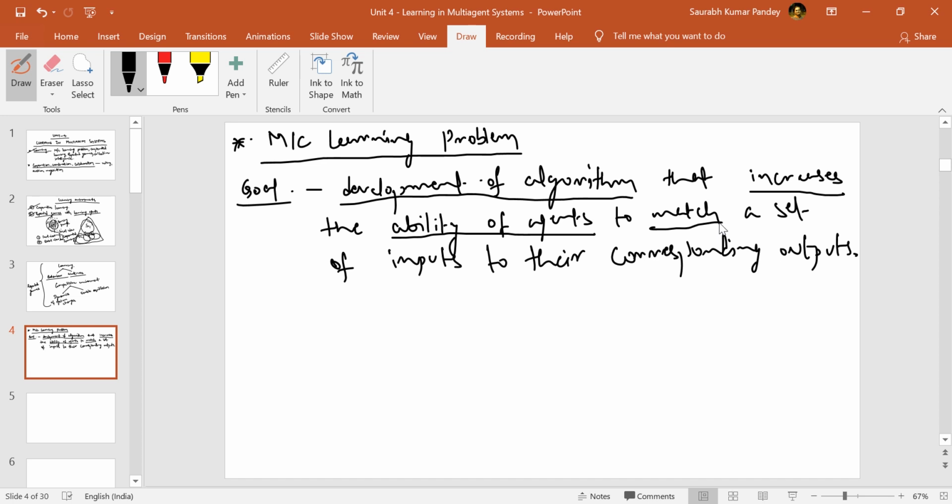Now that we have obtained the goal of machine learning, we must understand the formal definition also. What is the formal definition of machine learning?